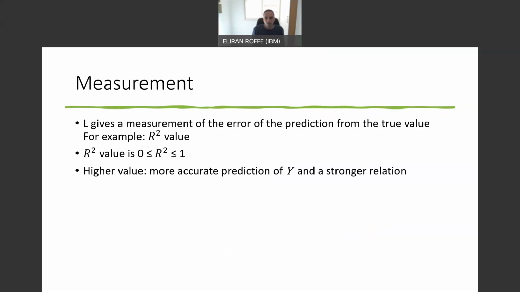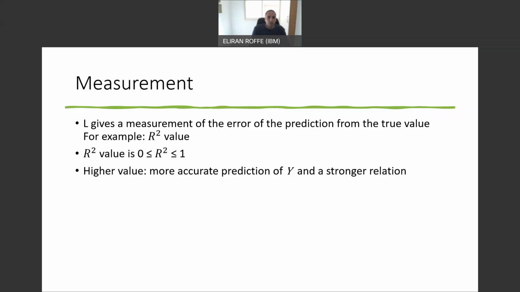We need to measure whether the formula that we saw in the previous slide is good enough, because maybe the formula captures the data very well, but maybe it does not. We looked at several approaches of metrics. We selected the R squared value metric, but it is not that important. You can select whatever is good for you.